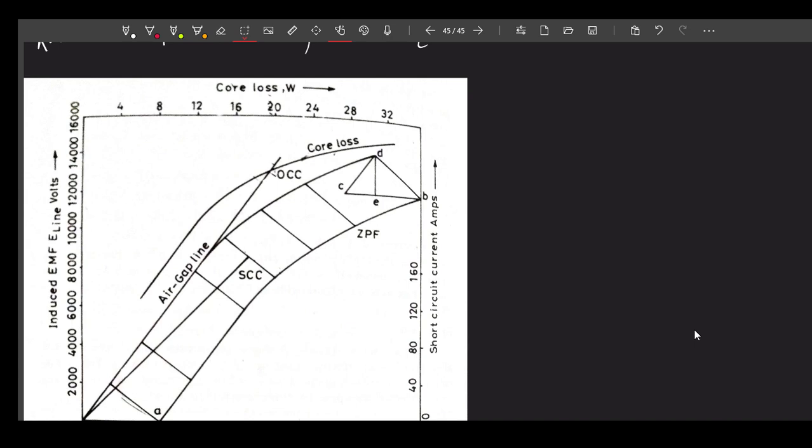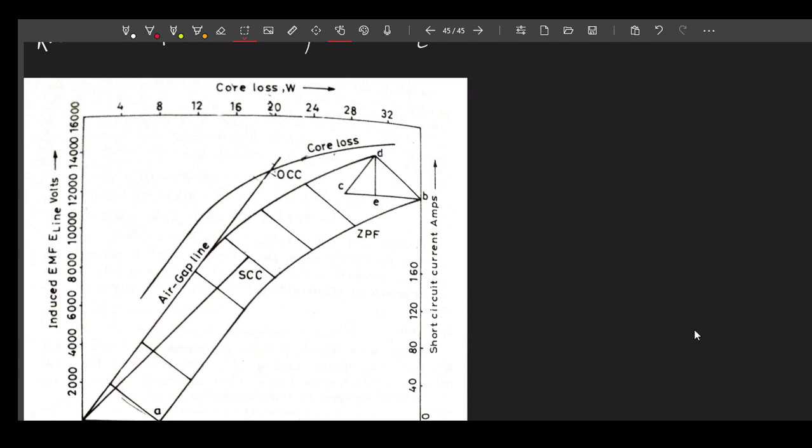If you consider yourself as an observer sitting on any of your pole tips, where the field is embarked on your pole structure, you will see that the air gap is even in nature from that field.